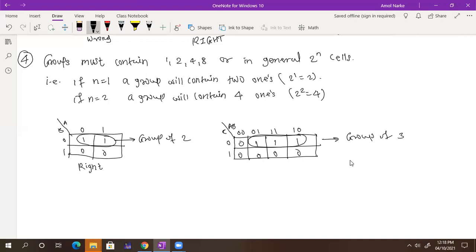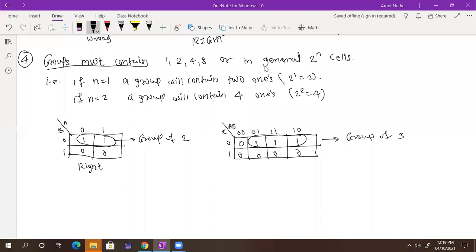What have they written? A group must contain either 1 or 2 or 4 or 8 ones. Got it? Either 1 or 2 or 4 or 8. So this is not true.